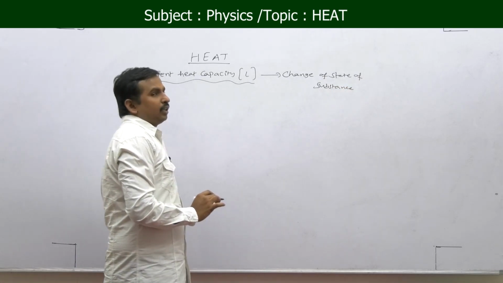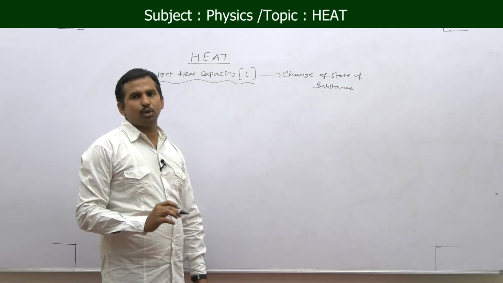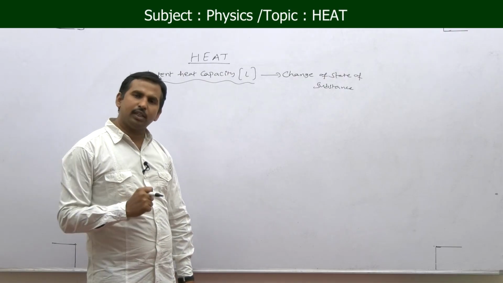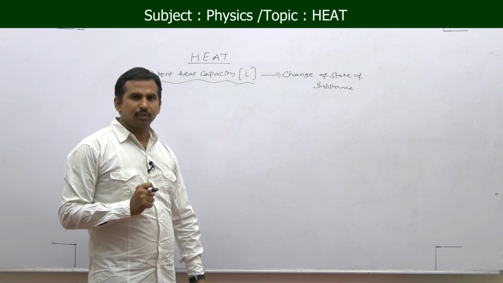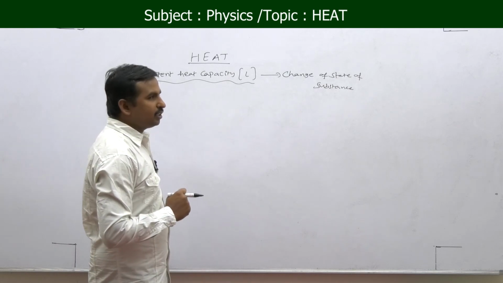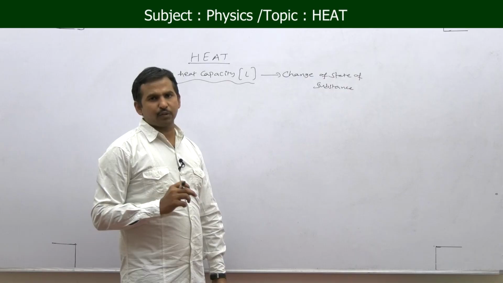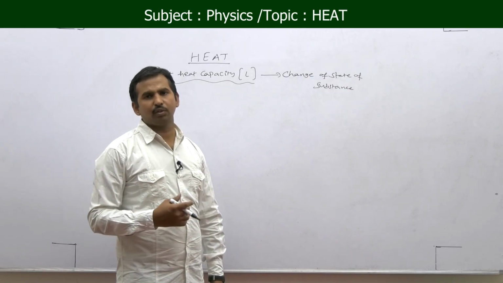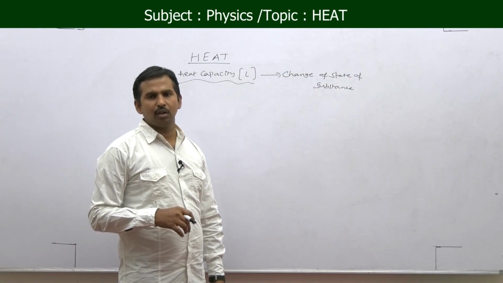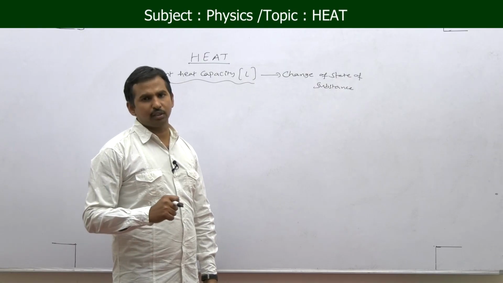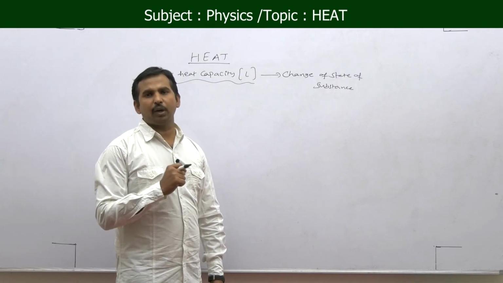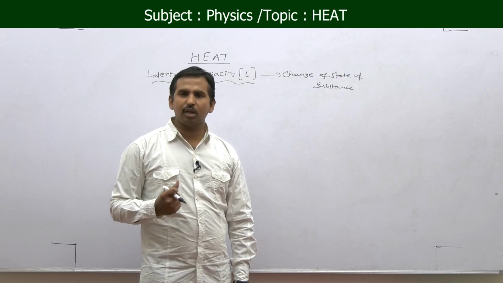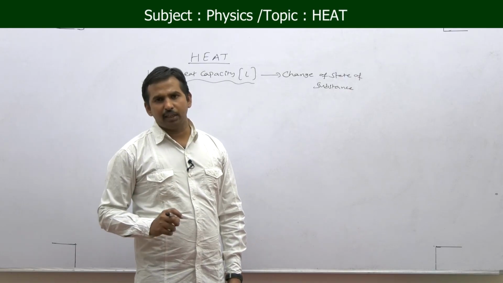Here the heat energy given is utilized not for increasing average kinetic energy, it is utilized for changing its potential energy. Changing its potential energy means, for example in a solid, the molecules' positions are very close to each other. If you supply heat energy to ice, we know it starts melting.